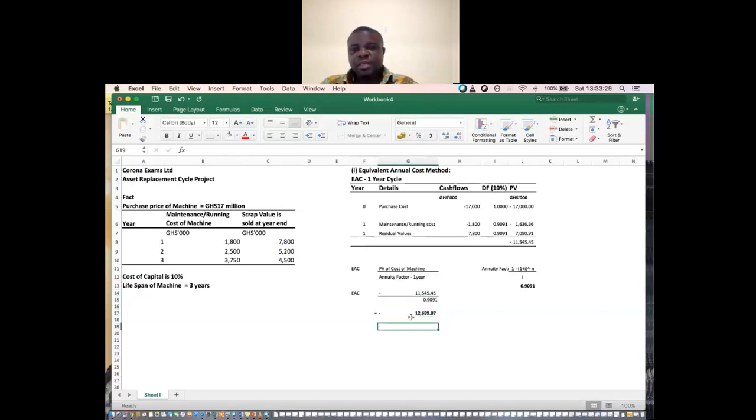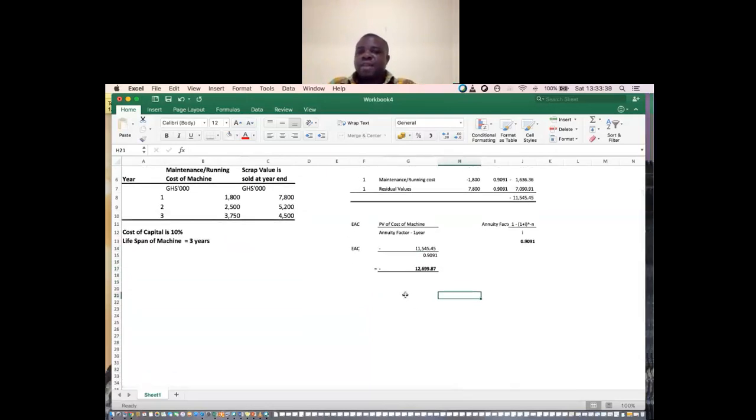So this is the equivalent annual cost for year 1. So for year 1 cycle, this is how we arrive at the equivalent annual cost for year 1. I hope this is clear.